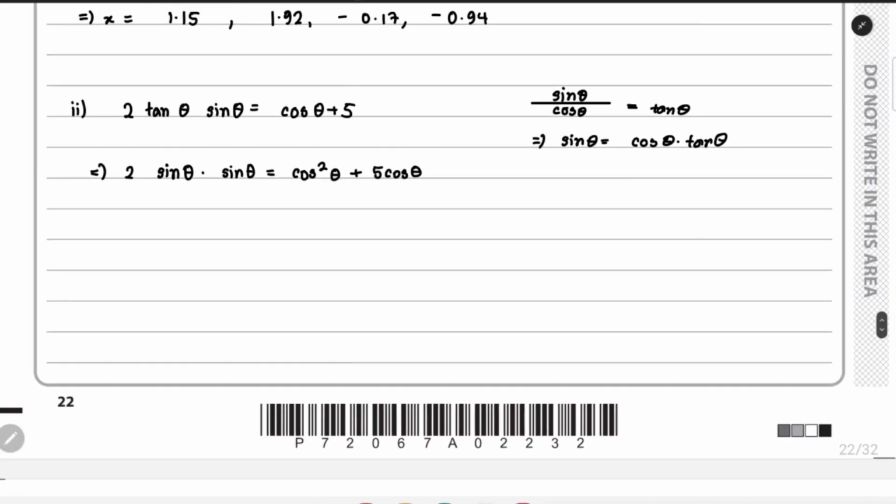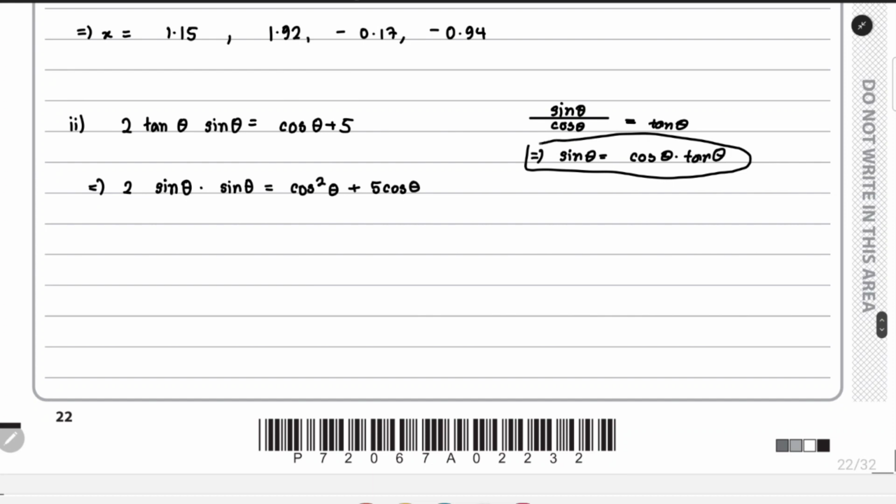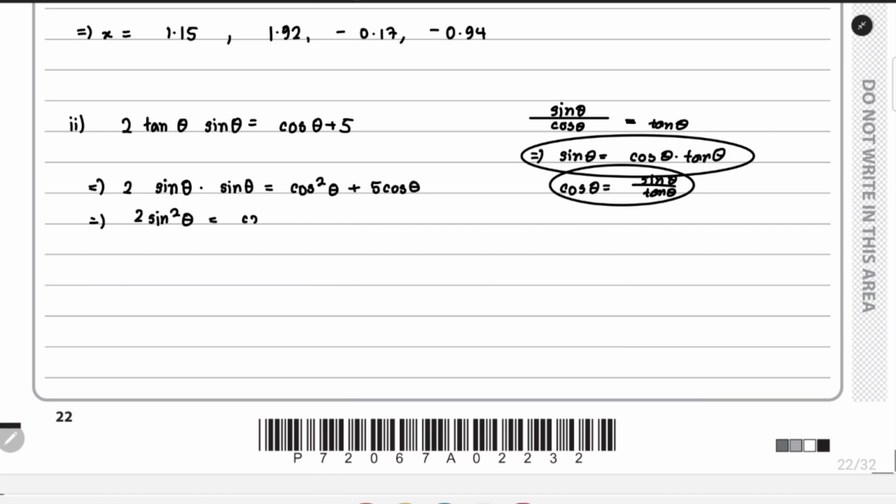To spot this, you need to remember this identity and the other one, which is cos theta equal to sine theta by tan theta. So you need to remember both of these. So this is 2 sine square theta equals cos square theta plus 5 cos theta. Now we can write sine square theta as 1 minus cos square theta.